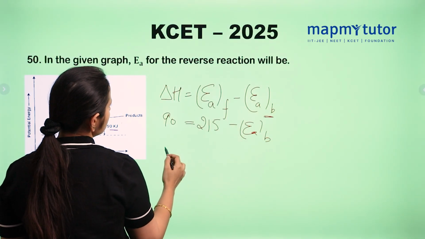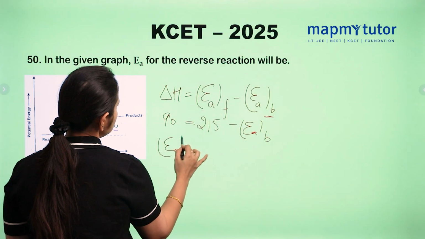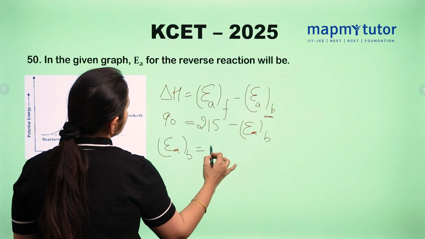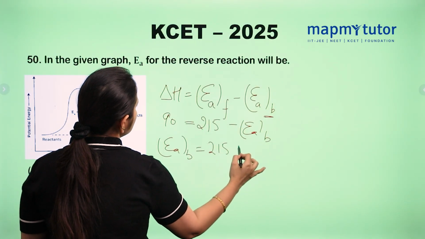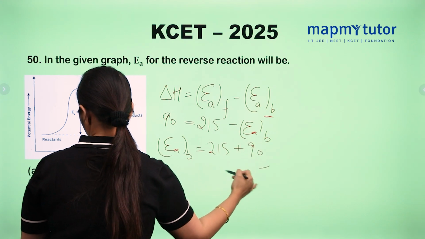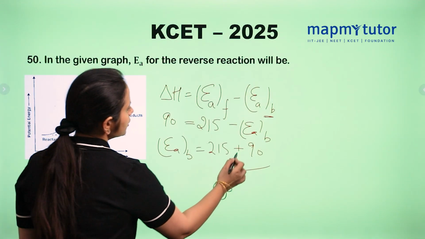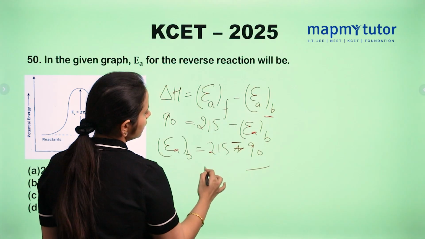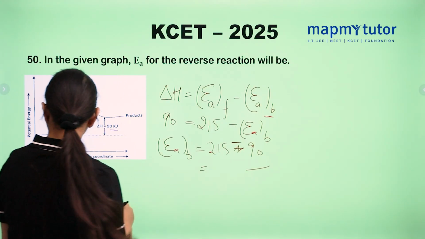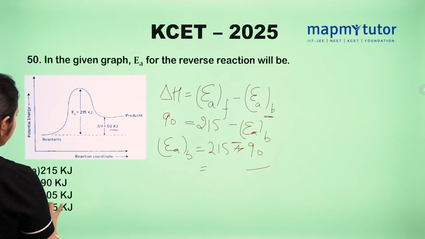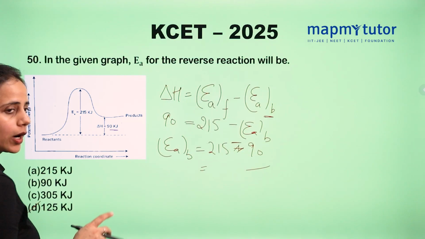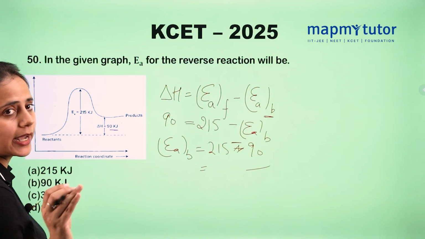E_a backward is 215 minus 90. What does it come out to be? It comes out to be 125. Okay. So 125 kilojoule is the right answer.